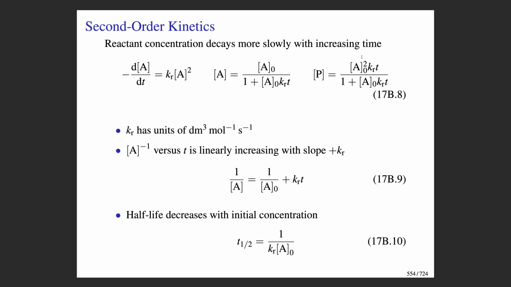You can also find the concentration of the product as well. You have to do a different integral to get that. Let's see, did I give the correct units here? Yes, it should be liters per mole per second. That would be the units of the rate constant. Like I said, this one gives you the linear graph. Here's the half-life formula.